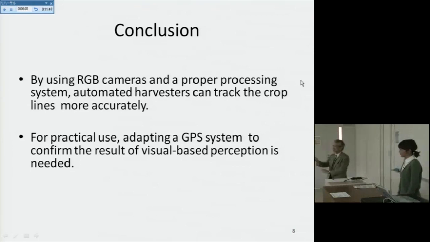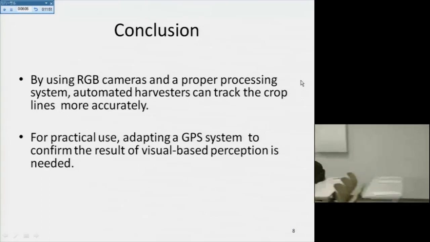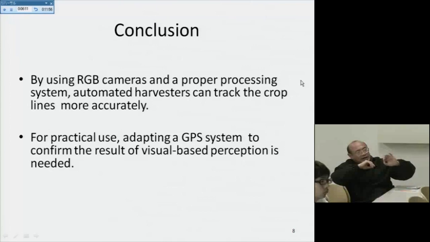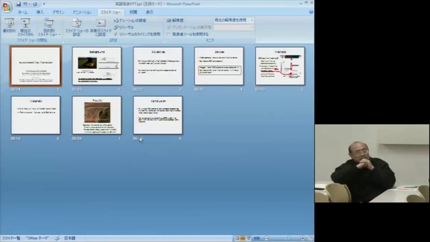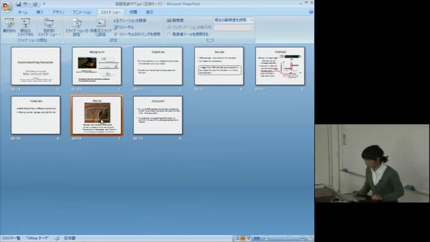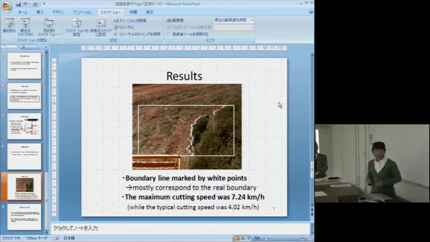Any other comments or suggestions? I forgot which slide, but you have a slide of the ground with white dots on the edge. Can you explain that a little bit to us? Slide number 7. Yeah, that's the one. What do you mean by boundary line marked by white points?